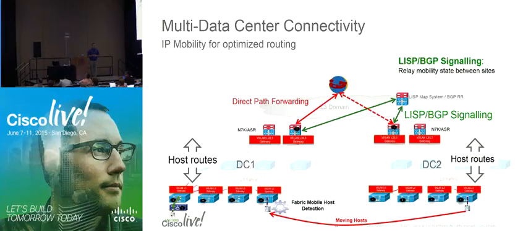Coming from a Lisp side up north, from a Lisp-enabled host or Lisp-enabled endpoint, going into the data center, and in the right data center where actually the respective host resides. And then from the border, we're going into it in the VXLAN case. And when we're moving to the other side, we're obviously updating the Lisp signaling and make sure that subsequent traffic hits the right data center afterwards.